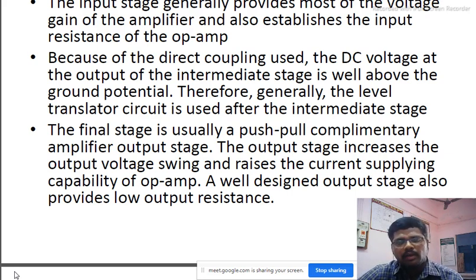In this block diagram, the input is given at the input stage, and the output is connected at the output stage. In between the input and output stages, different stages can be observed.